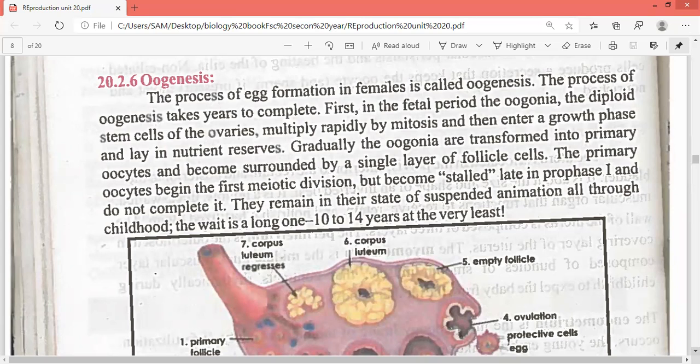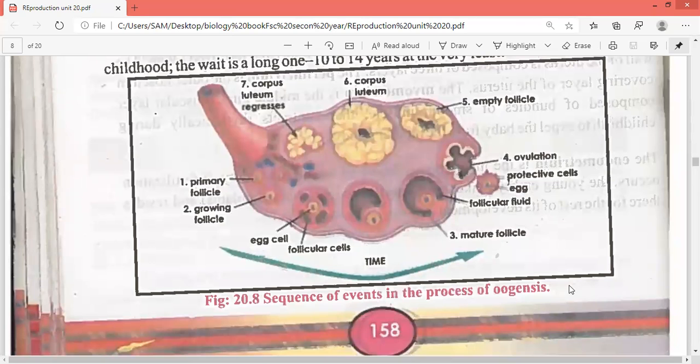Okay, now as you can see in this diagram, we have the structure of an ovary, and we have the primary follicles, growing follicles, and the follicular cells, ठीक है?